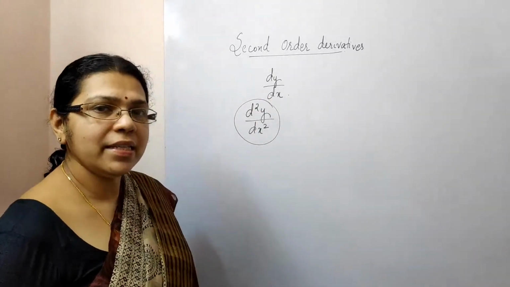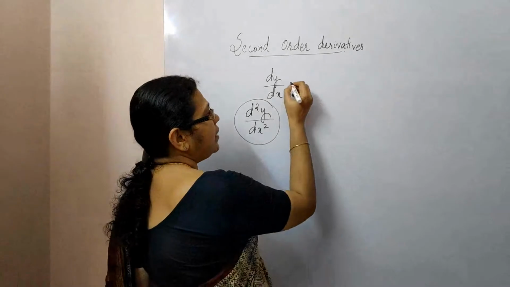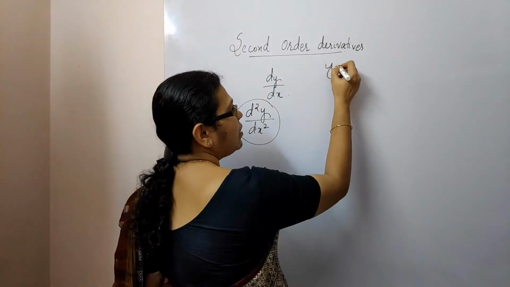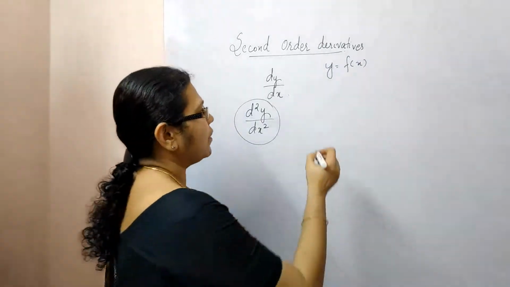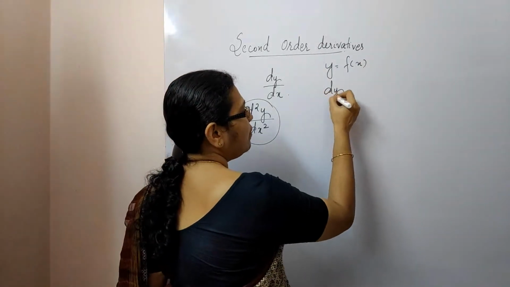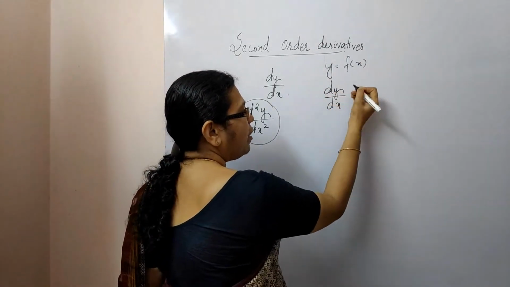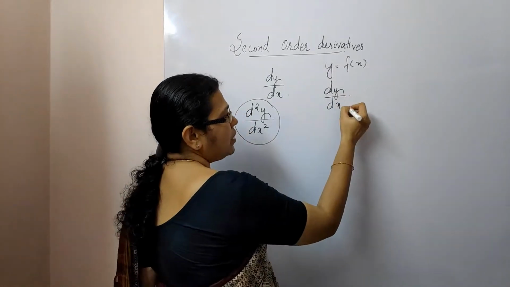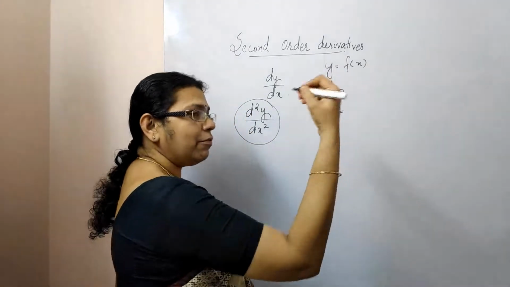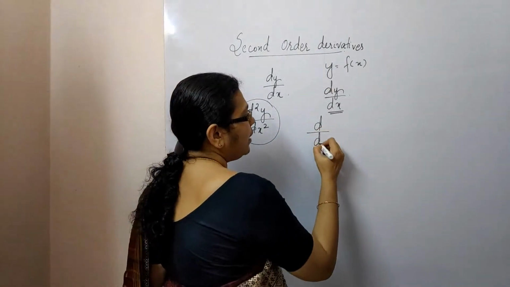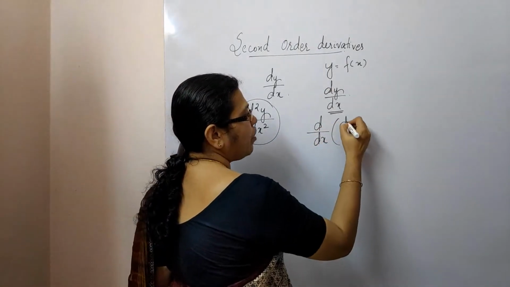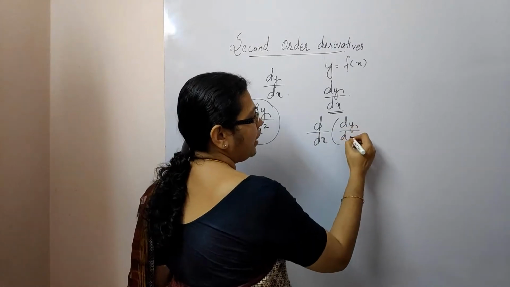How did we get the second order derivative? This dy by dx, y was a function of x, right? And we found dy by dx. Now this value that you get here, you will find the derivative once again. That is, you are finding d by dx of dy by dx.